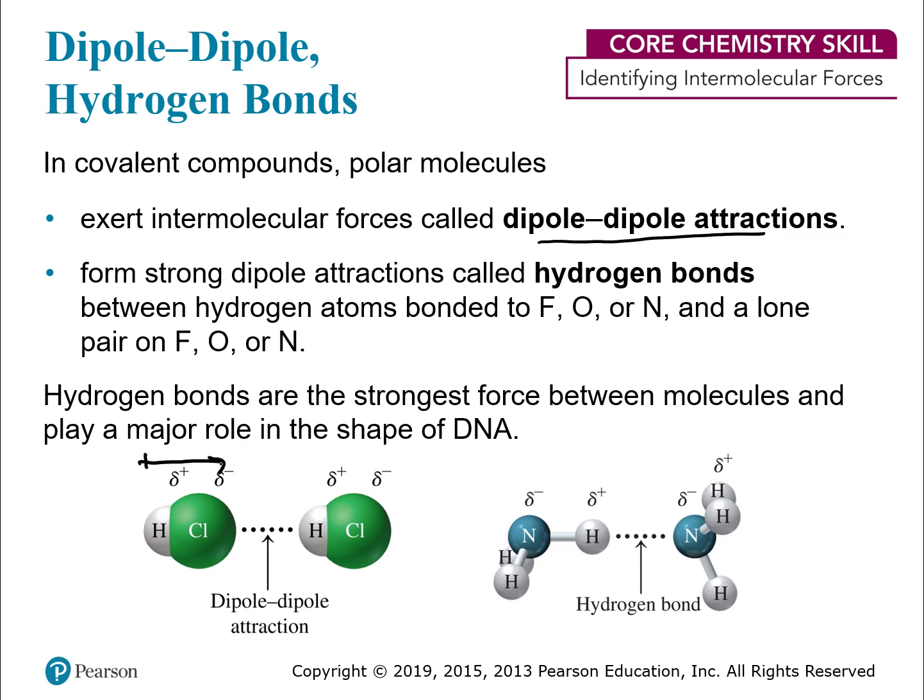If we use HCl as our example, the hydrogen is the partial positive and the chlorine is the partial negative. Well, if you have a bunch of those together, then the partial negative is going to attract the partial positive from another molecule. That attraction is called a dipole-dipole attraction.